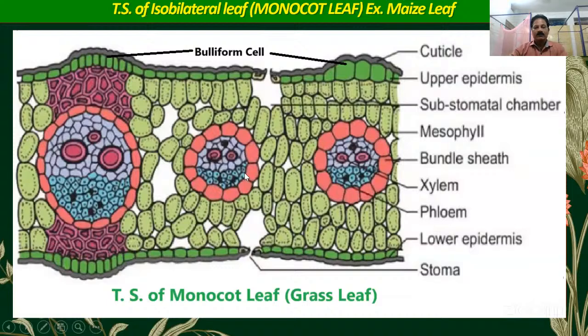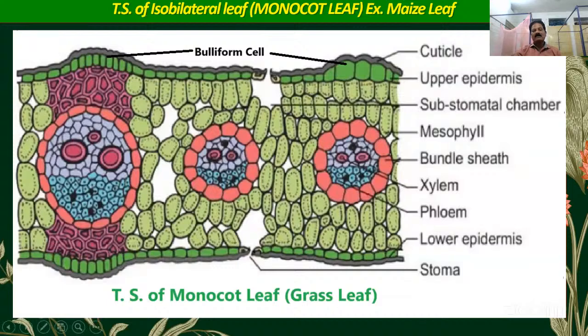So just now I told you, the mesophyll is not differentiated. These are the identical features of the monocot leaf. Both the epidermal layers bear stomata, but the slight difference is this. Structurally, the upper epidermis is different. Some of the cells are larger in size.